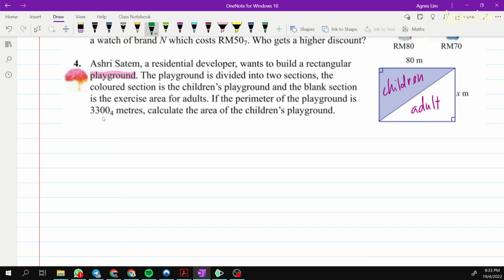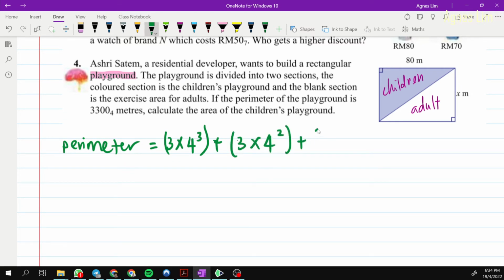So let's change 3300 base 4 to base 10. Alright, so the perimeter in base 10 will be 3 multiply 4 power of 3, and then 3, 4 power of 2. I know that there is 0, but make it a good habit to write it down.